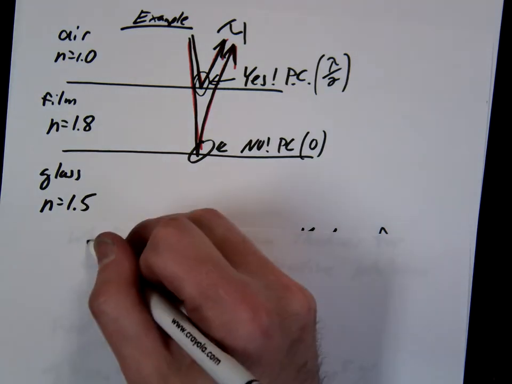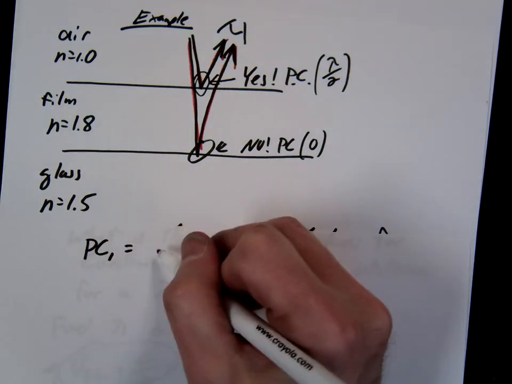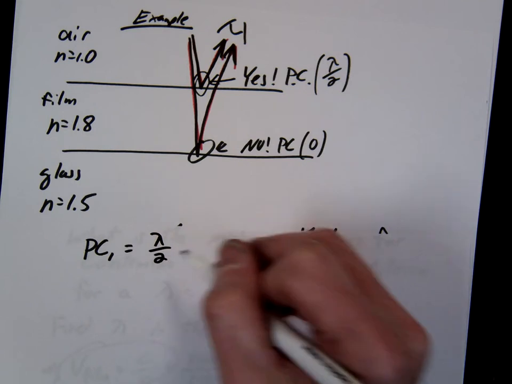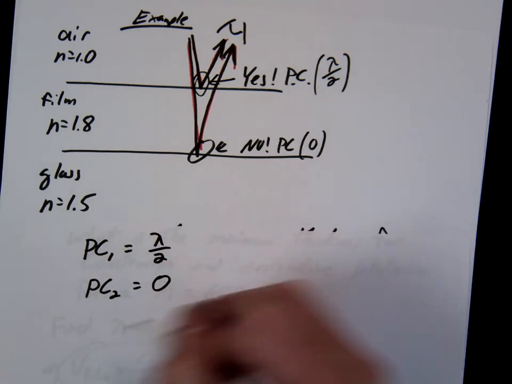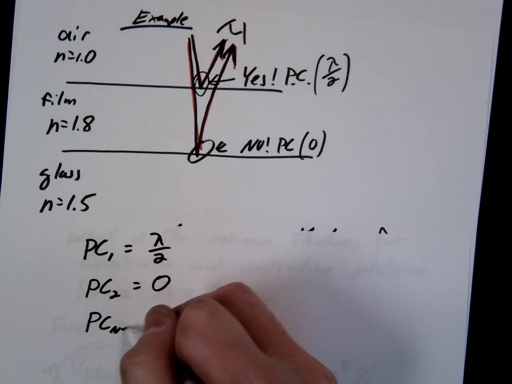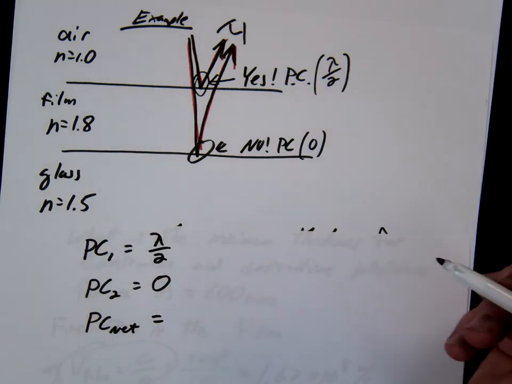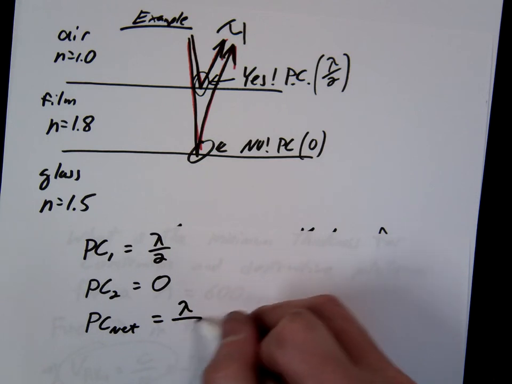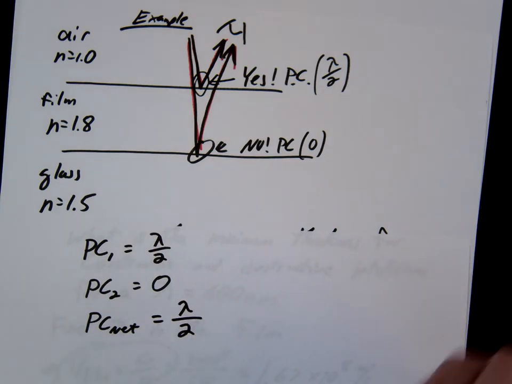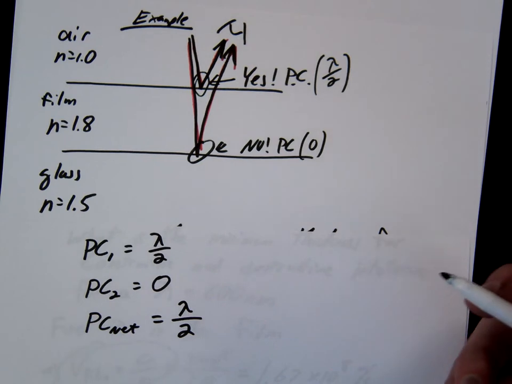So if I wrote this, I'd write PC1 equals lambda over 2. Phase change 2 equals 0. So what's my net phase change? Lambda over 2. So my net phase change is, there is a phase change, lambda over 2.